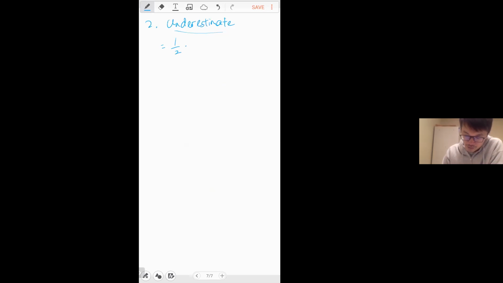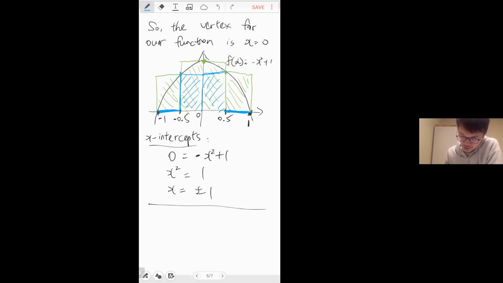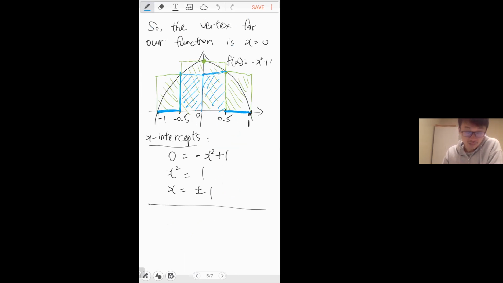Again, 1/2 times the width multiplied by the height, and the width is always 1/2. So for the first one, the height is just 0. For the second one, we need to plug -0.5 into the function.